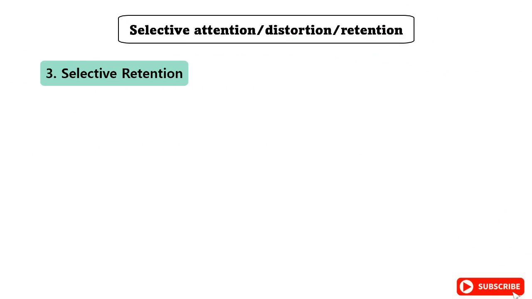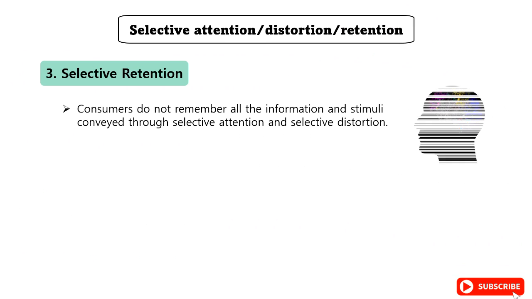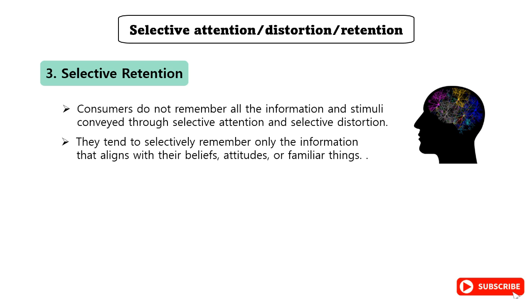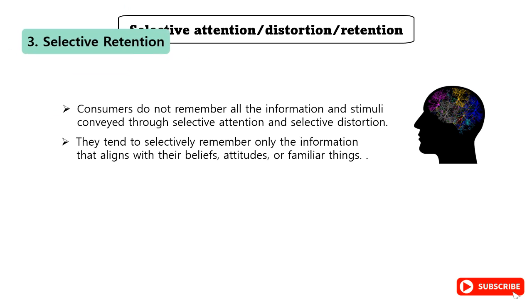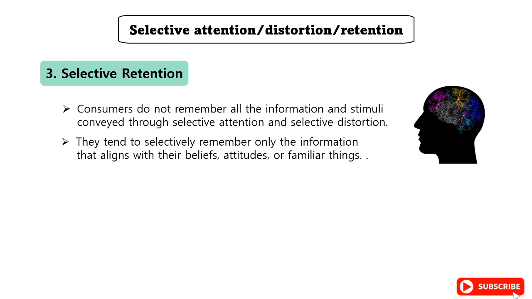Lastly, let me explain selective retention. Consumers do not remember all the information and stimuli conveyed through selective attention and selective distortion. They tend to selectively remember only the information that aligns with their beliefs, attitudes, or familiar things. This is known as selective retention. We can widely observe it in our surroundings.